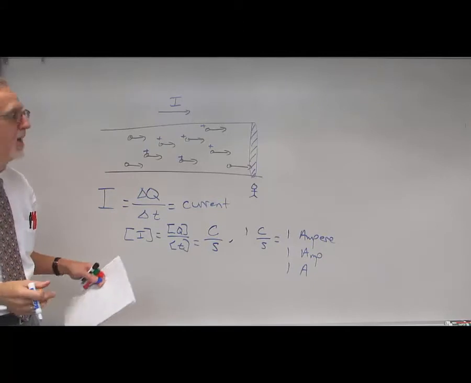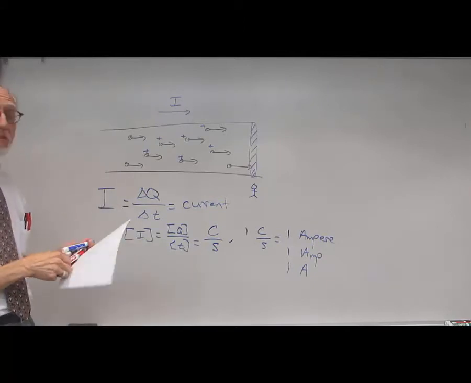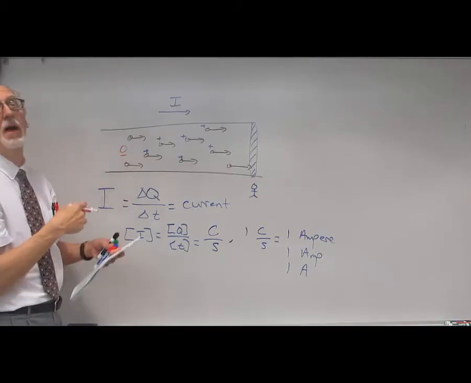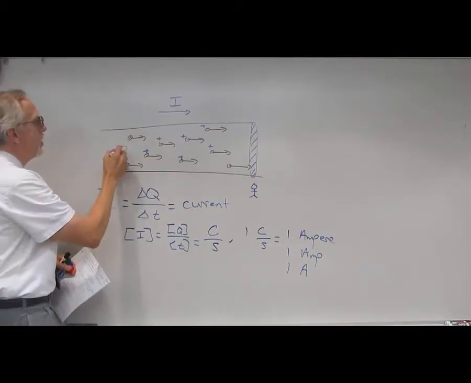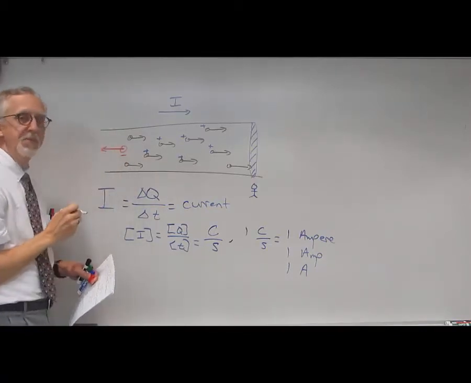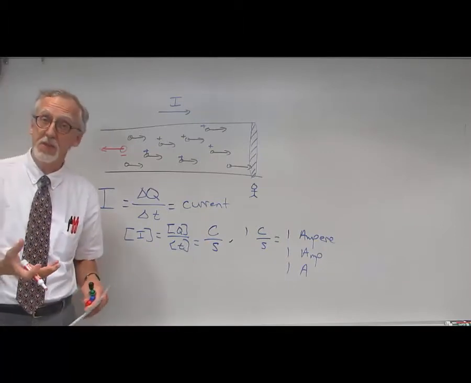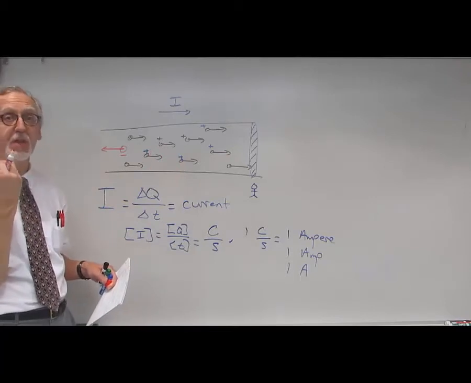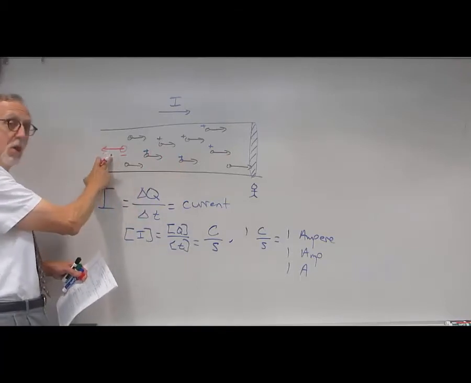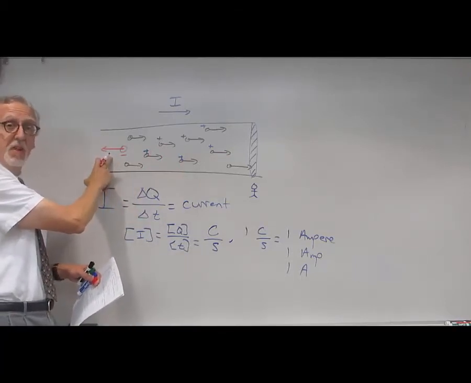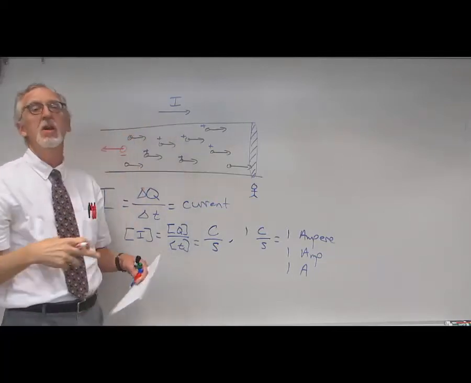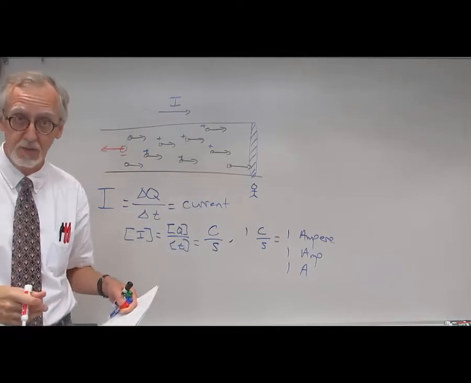On the other hand, if current is actually made by the motion of negative charges, like electrons, they would actually move in the opposite direction. So if you apply an electric field, electrons will move one way, positive charges would move the other way. Well, the actual physical velocity direction of the electrons will be in the opposite direction that we will use for the current.